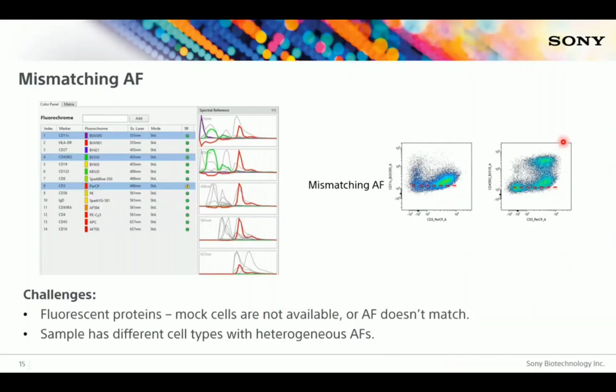But what happens when autofluorescence between positive and negative does not match? Looking at those plots, we see a slight but noticeable curvature in the PerCP positive population, indicating some unmixing error.